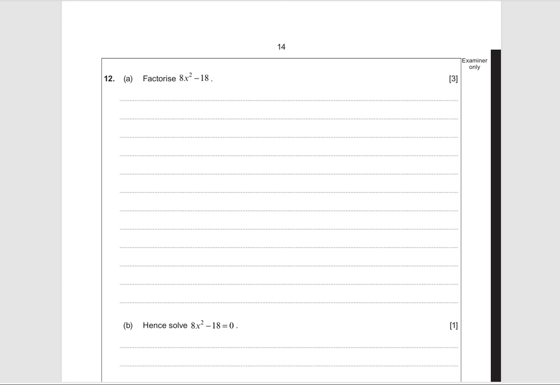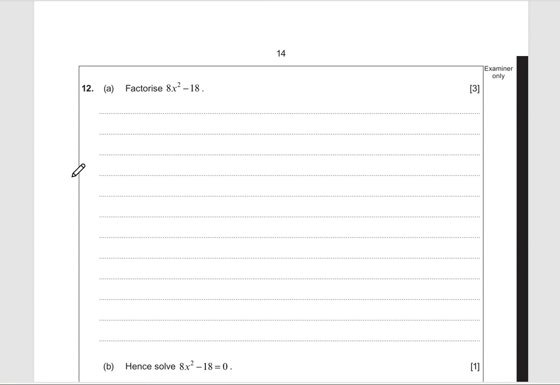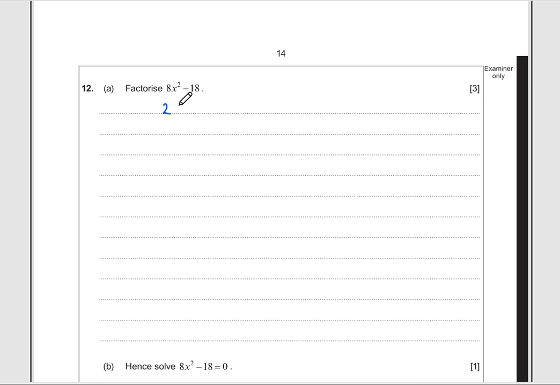Question 12, Part A. Factorize 8x squared minus 18. We can see here 2 is a factor of both of these terms, which gives us 2 times 4x squared minus 9. Both of these are square terms. This is what we would call the difference of 2 squares.